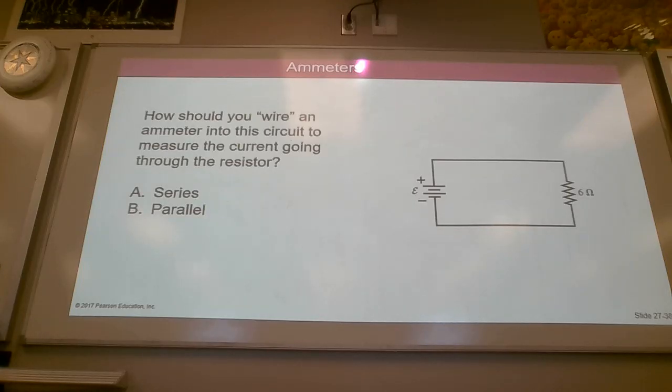Pierre. Ampere. Well, we don't even call the other one the voltmeter, it's called the voltometer. You're right. We could just call this an ampometer. Oh, that sounds kind of stupid. Yay! Correct answer is A, series. So the current's the same, yes?